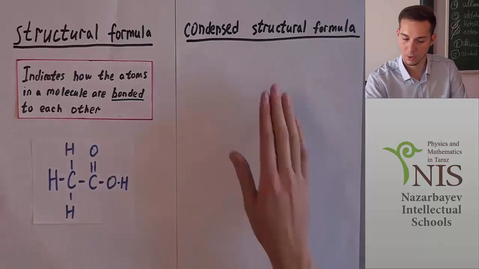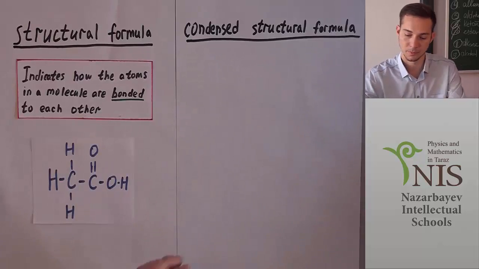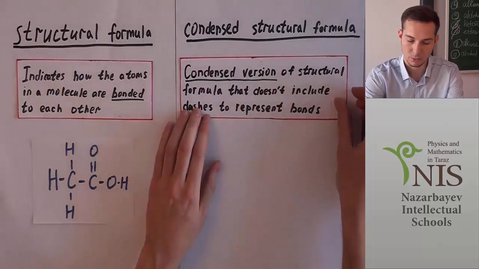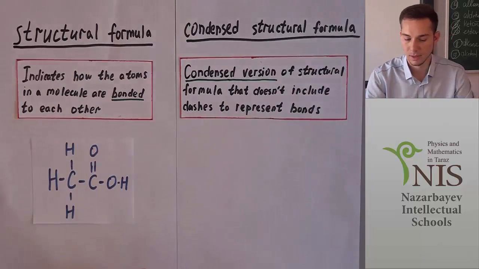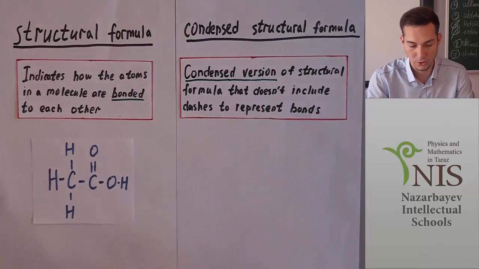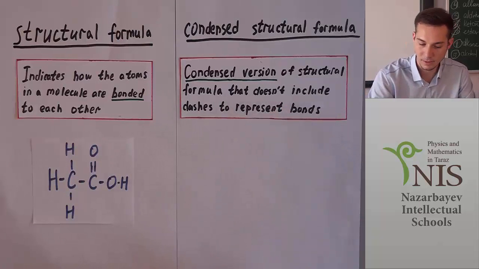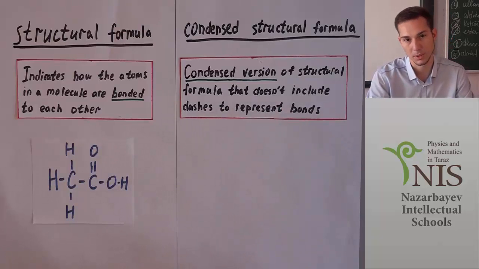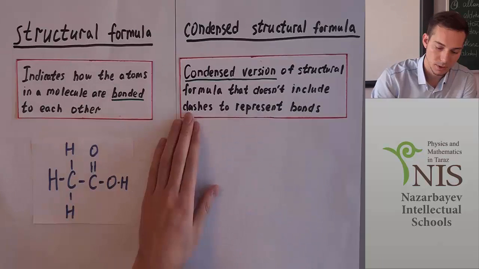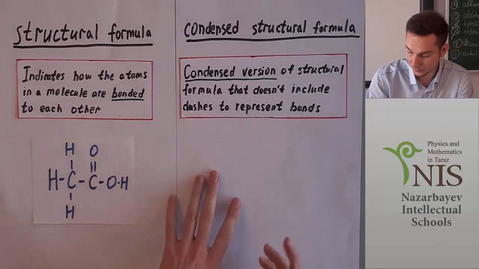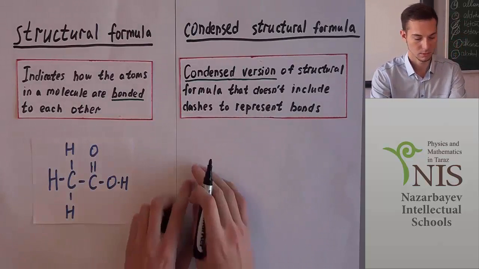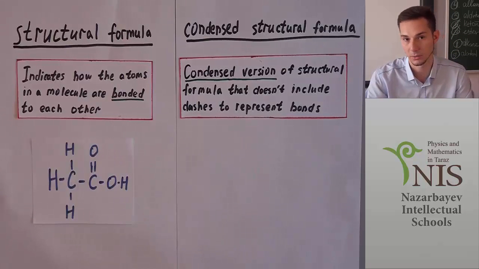Okay, what about condensed structural formula? Condensed structural formula is the condensed version of structural formula that doesn't include dashes to represent bonds. If you see the definition, you can easily construct the condensed structural formula.